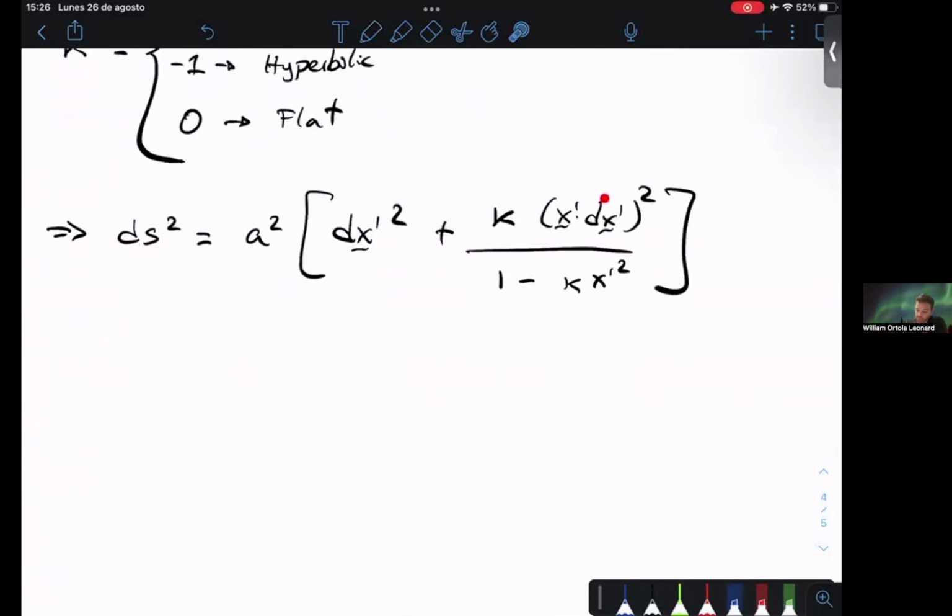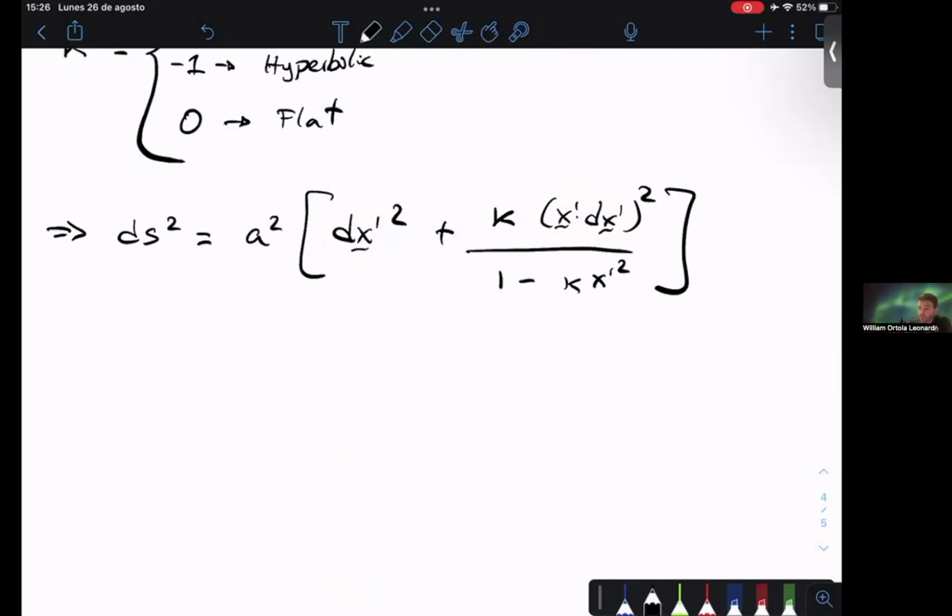We're going to try to evaluate this term, this dot product, and then this term as well, so that we can relate it to a specific radius in which we're going to be evaluating our cosmology.